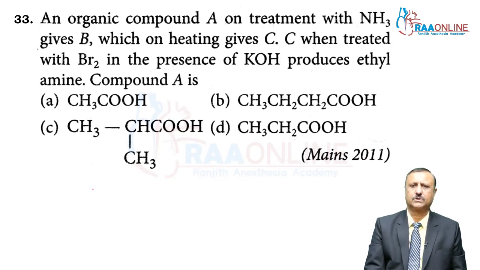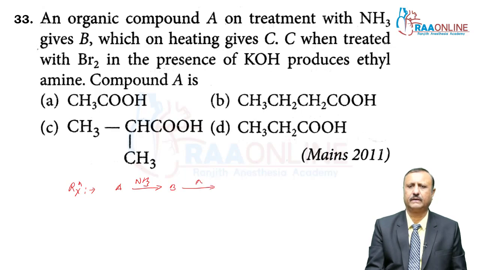You can solve this question with the concept and reactions. First of all, in these questions, if conversions are there, then you can write the reactions. An organic compound A, on treatment with ammonia, gives B, which on heating gives C, and when this C reacts with bromine and KOH, you get ethylamine.